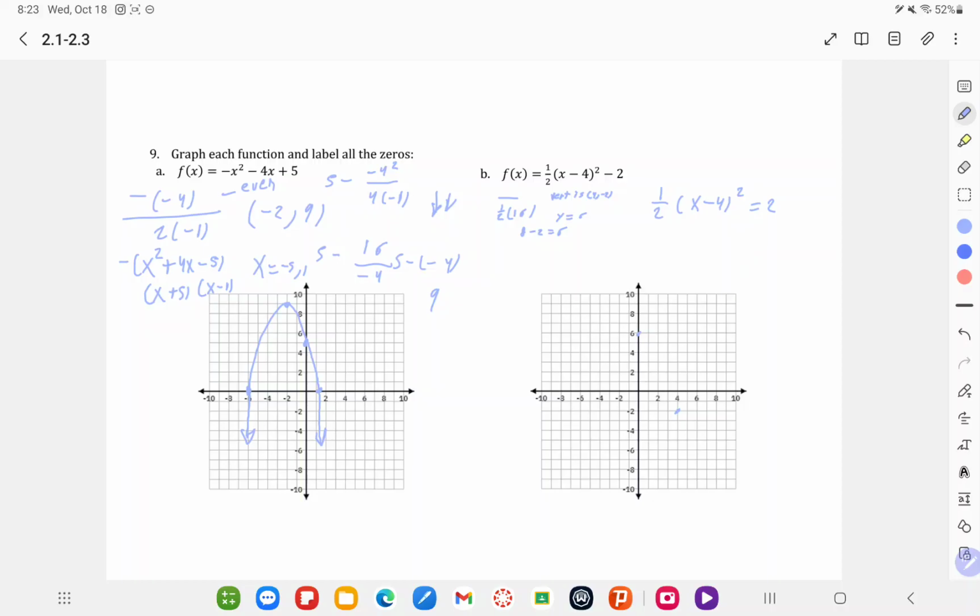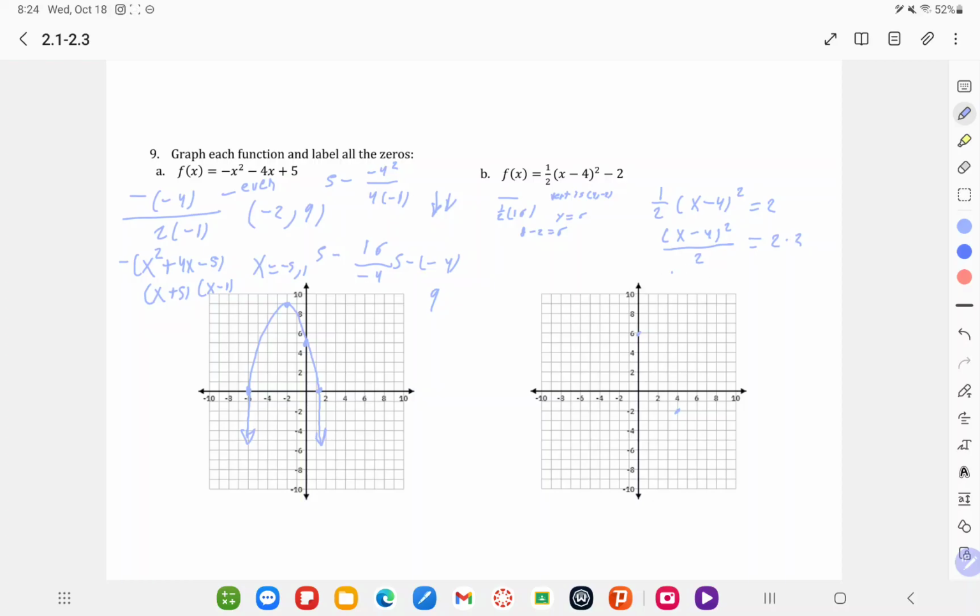I think I can combine it. X minus 4 squared over 2 equals 2. There we go. And now 2 times 2, so this goes out, and that turns into 4.